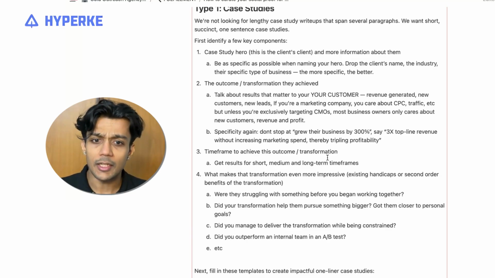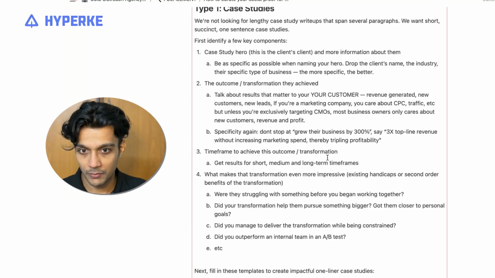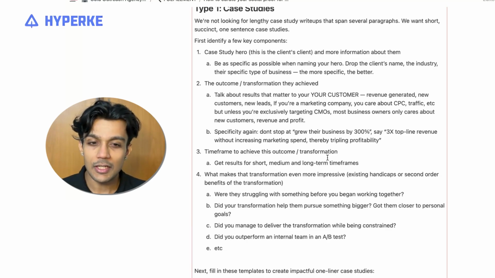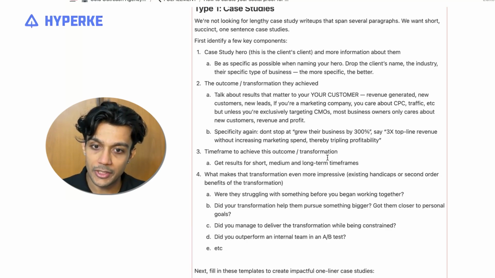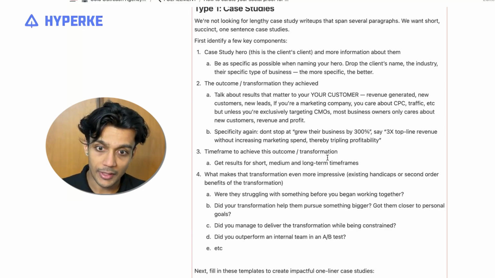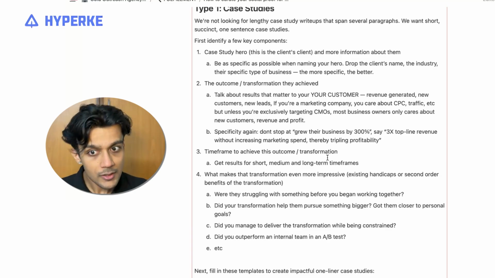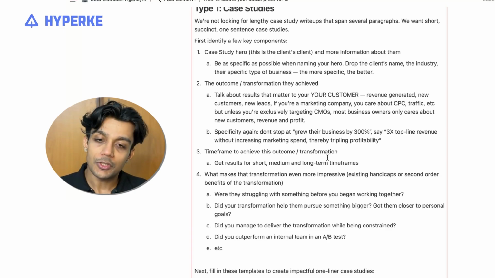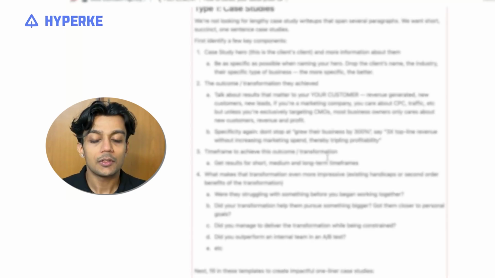Similarly, throw in numbers, be very particular about what it was that you helped your hero achieve. So don't just say we helped them grow, say we helped them triple their top line revenue without increasing marketing spend and tripling profitability, right? Because the second one sounds more pointed, it sounds more trustworthy. So be specific again.